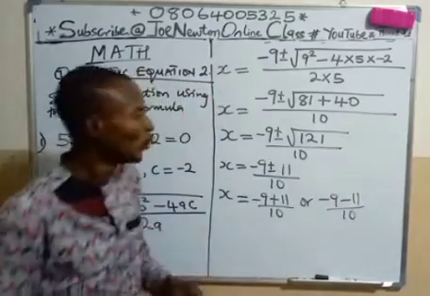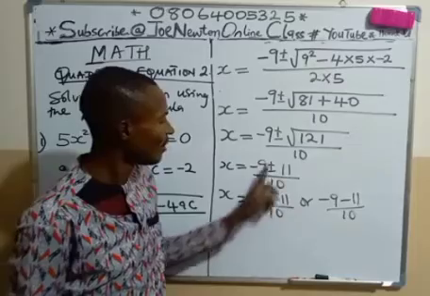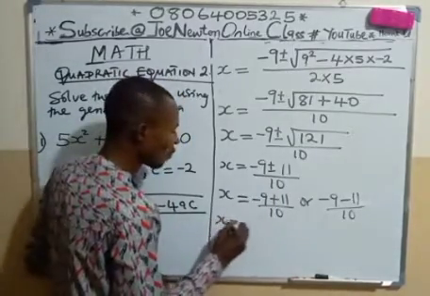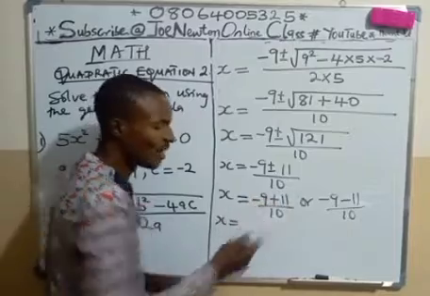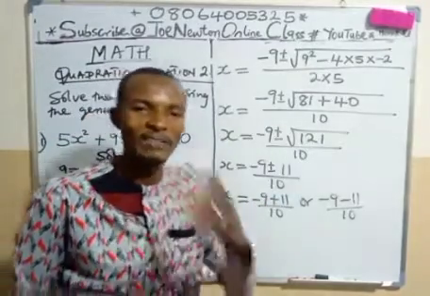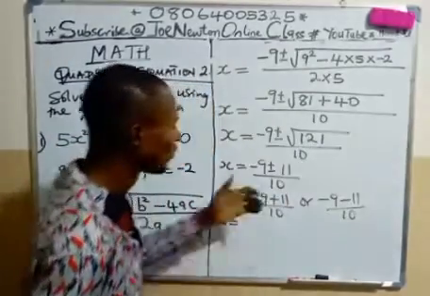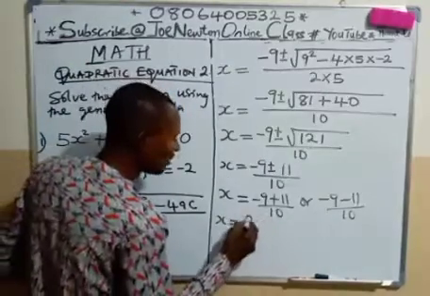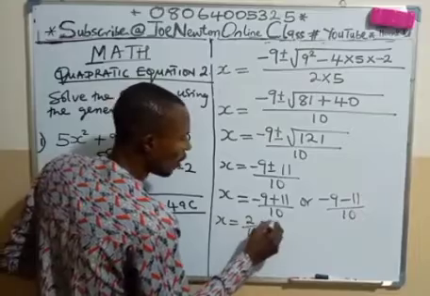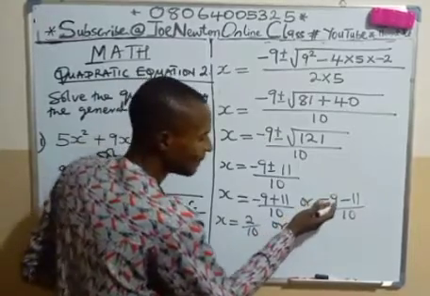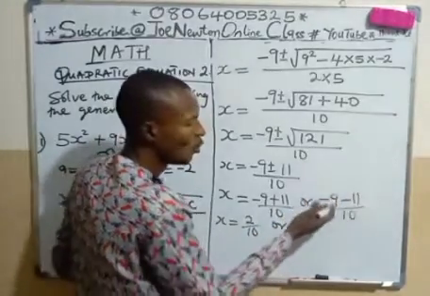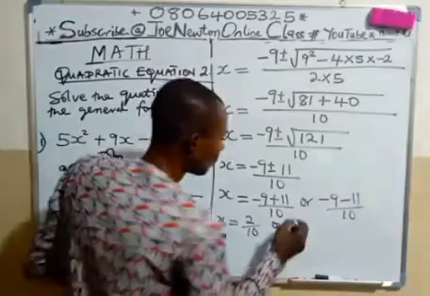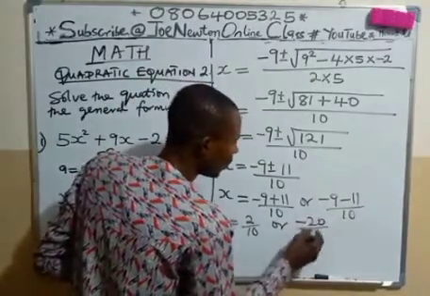So at this point, you separate the plus or minus, which will give us x is equal to minus 9 plus 11. When you owe 9 and you have 11, if you pay, you still have a balance of 2. So that gives us positive 2 over 10. Or minus 9 minus 11. You owe 9 and you owe 11. That is minus 20, or minus 20 all over 10.